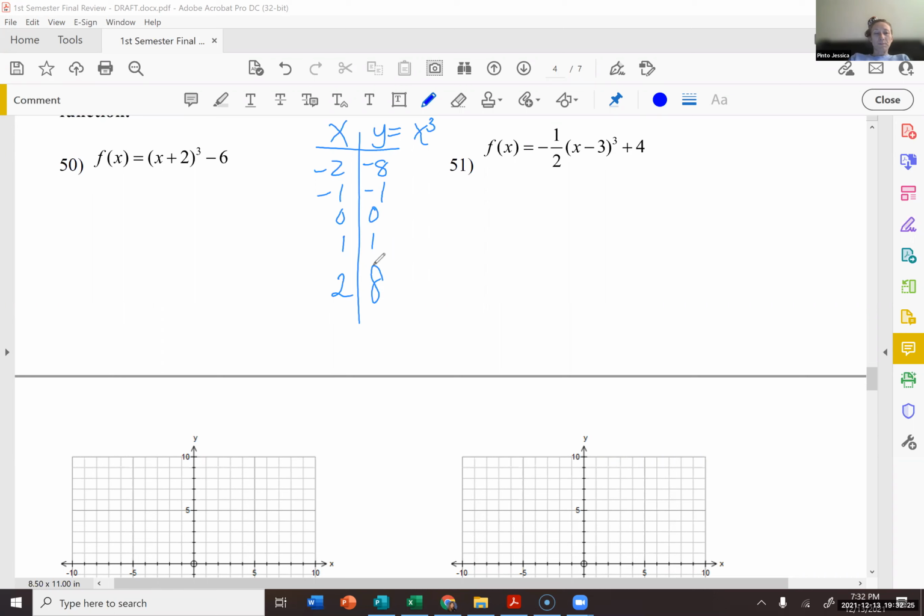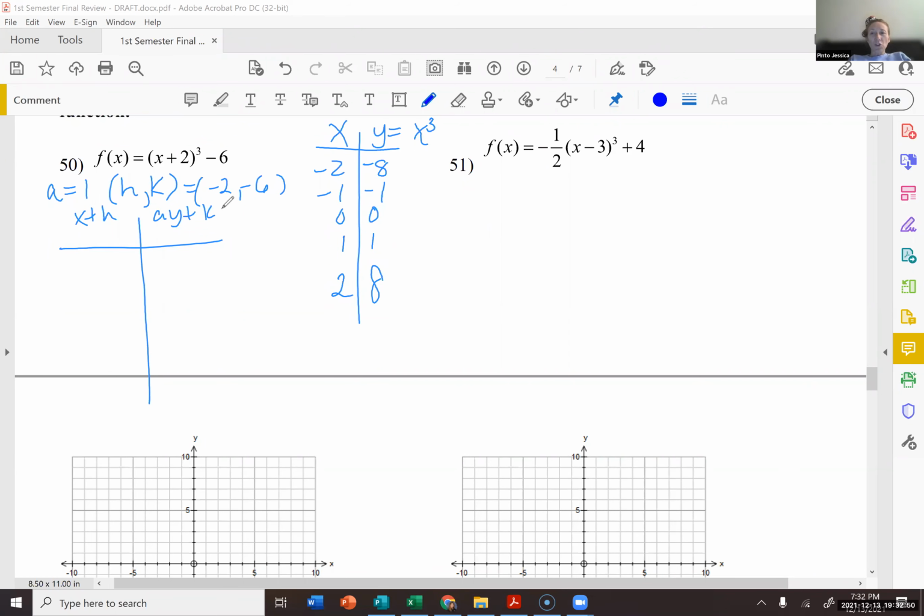And again, we're going to say our A, H, and K. So A is equal to 1. H, K is going to be -2, -6. Switching it in the parentheses. So then I can make the X plus H, Y plus K table.